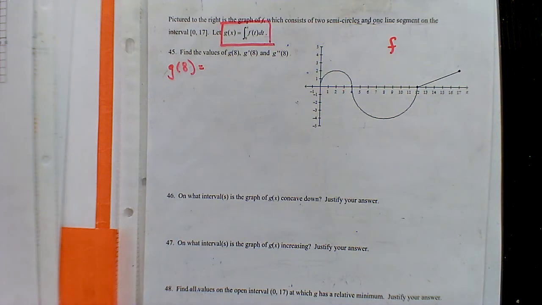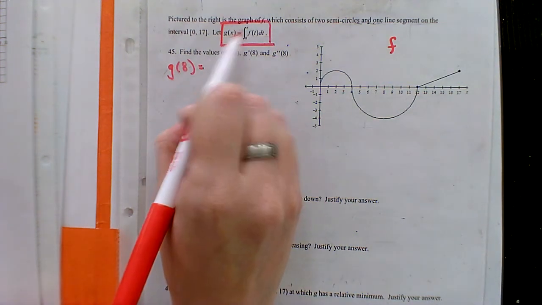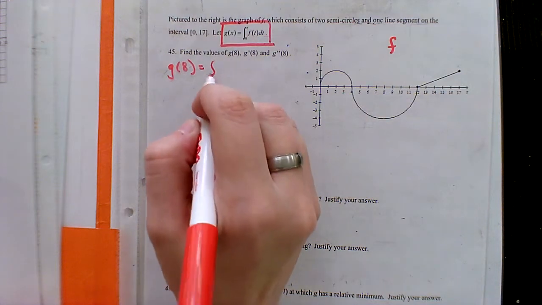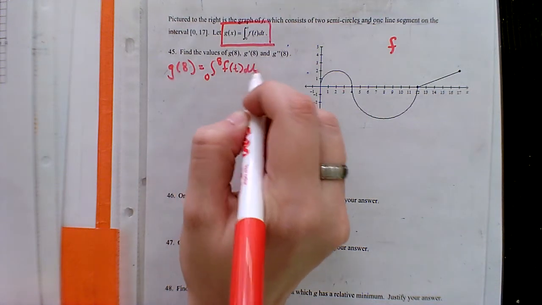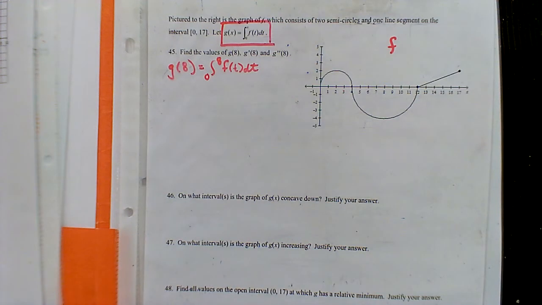Plug it in for x, right? In the g equation. Notice how x is the upper bound. So we have to figure out the area under the little f graph from 0 to 8.